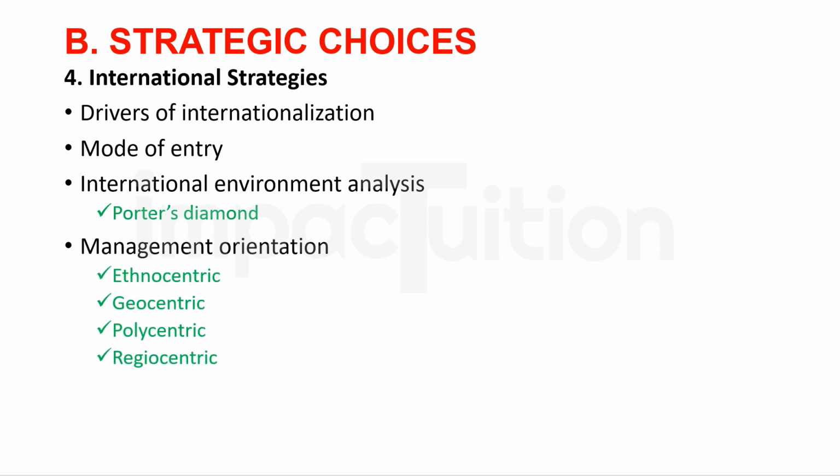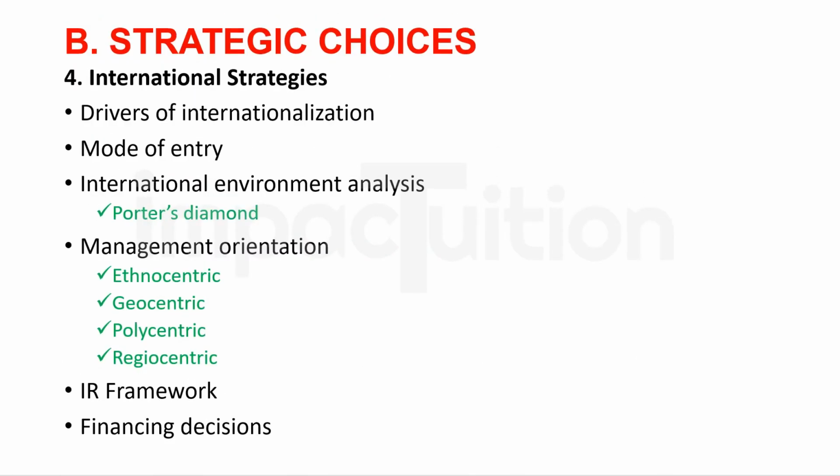We will look at the details of each of these. Then we will move on to the IR framework, and then financing decisions. And that will be all for international strategies.